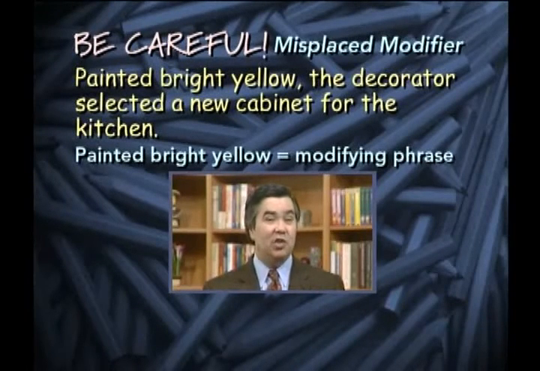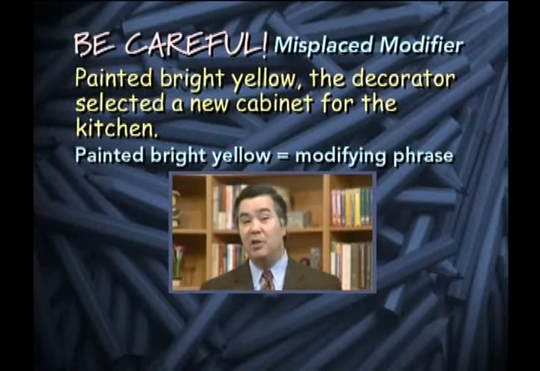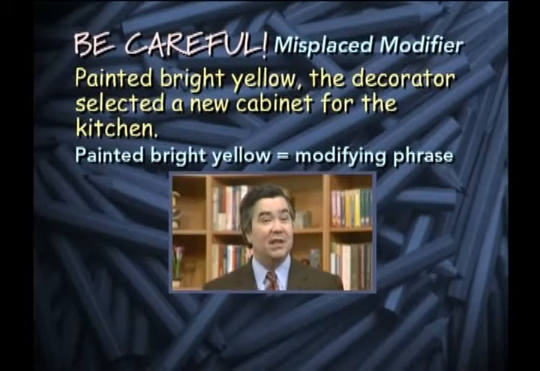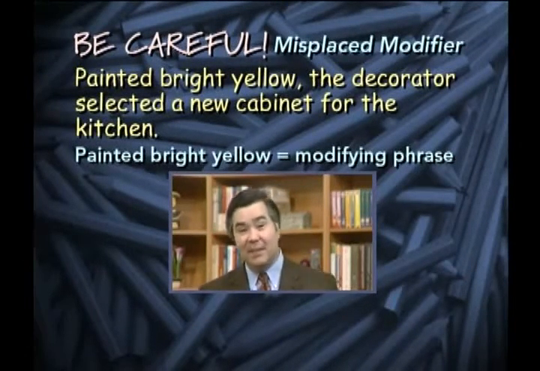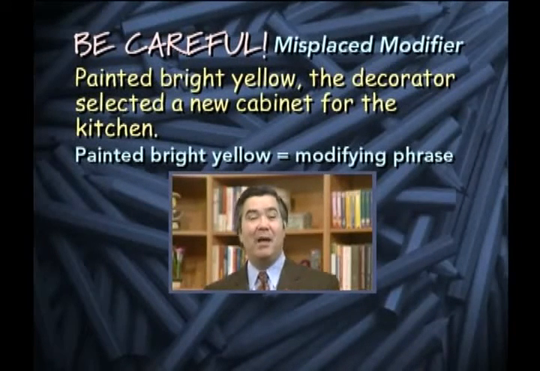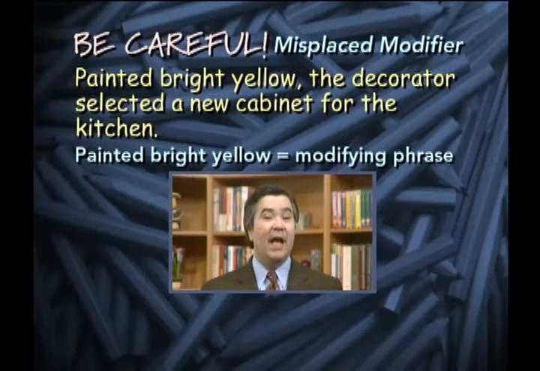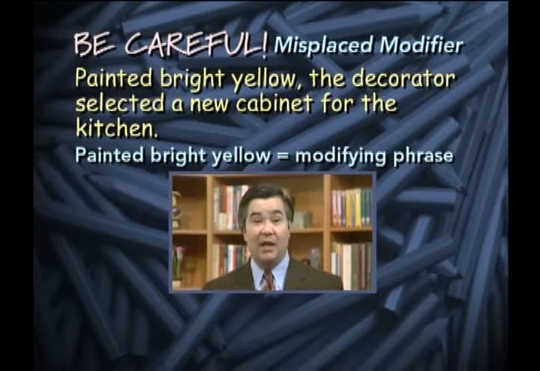Ideally, a sentence should be perfectly clear the first time through and not cause the reader to pause. This particular sentence violates the rule by separating the modifying phrase from the word that it modifies, and therefore we have a misplaced modifier.